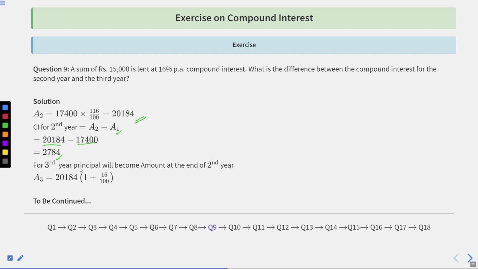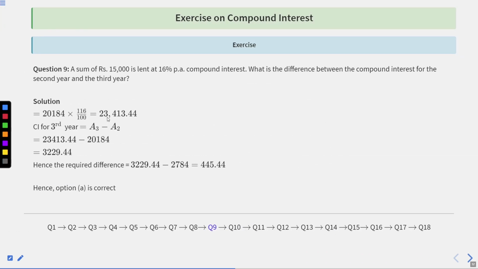For the third year, principal will become amount at the end of second year. That means amount A3 is equal to 20,184 times of 1 plus 16 upon 100. So when you simplify this, you will get 20,184 times of 116 upon 100, which is 23,413.44 rupees. So compound interest for third year will be A3 minus A2.